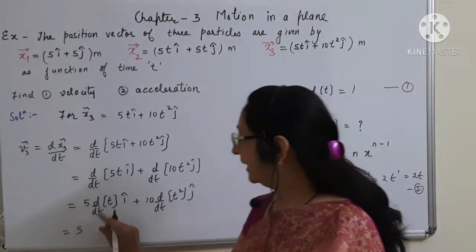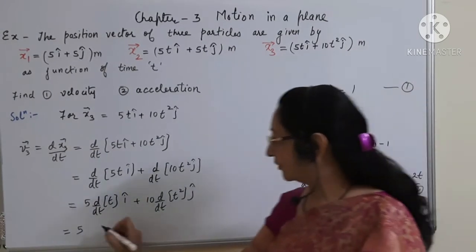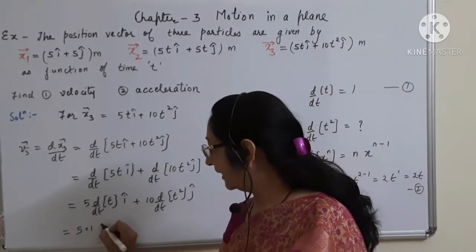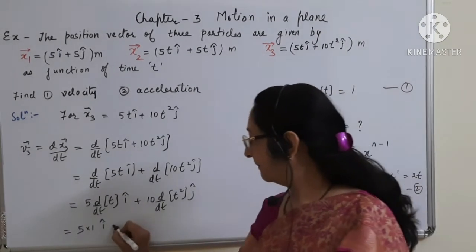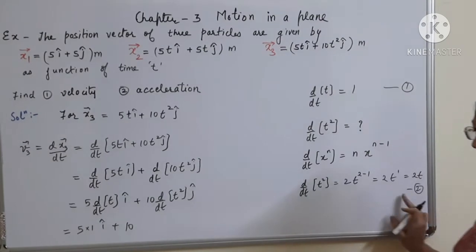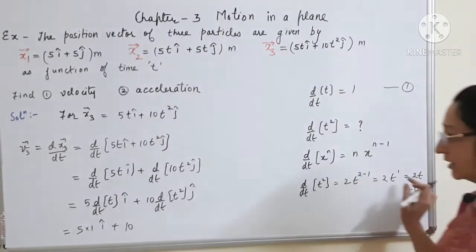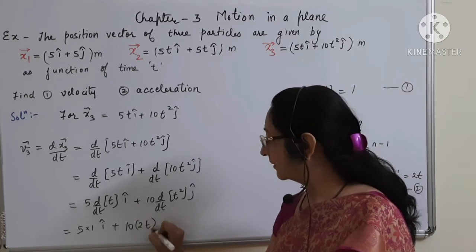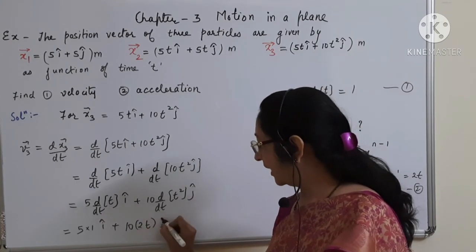So we get here 5 d dt of t is 1, सो इथे आपल्याला 1 आहे आणि हे i मिळालं, प्लस हा 10 आहे, d dt of t स्क्वेअर किती मिळालेला आहे, ट्वाइस t मिळाले, सो 2t into j.